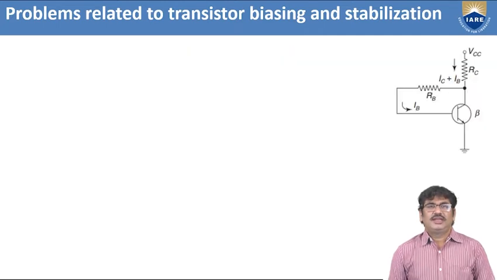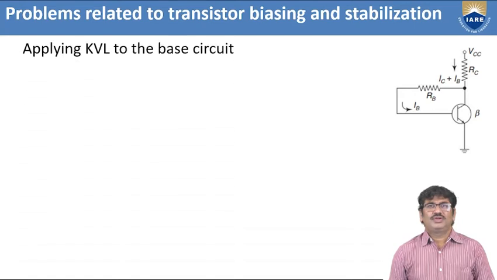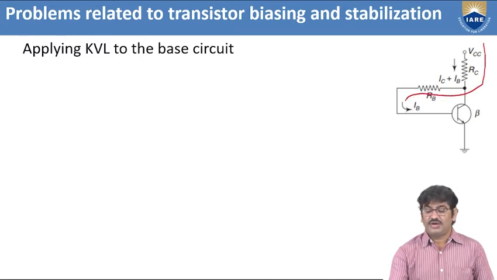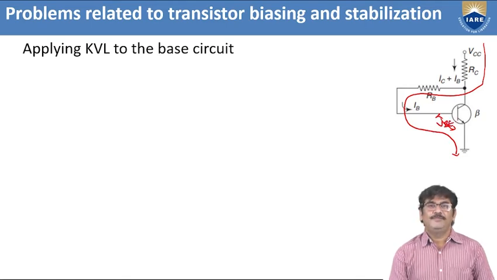First, we'll write the KVL expression for the input circuit or base circuit. The input circuit consists of VCC, RC, RB and the base to emitter towards ground. The voltage drop between base and emitter we will take as VBE. The current flowing through RB is IB.